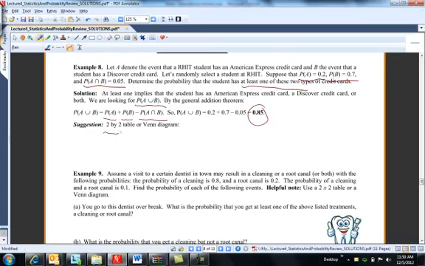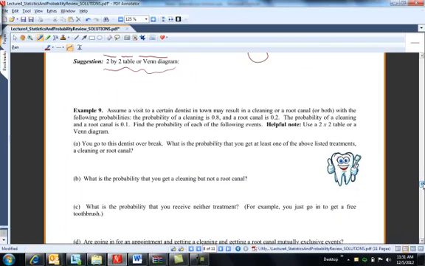A lot of times it's nice to draw a Venn diagram or a 2x2 table. I actually prefer a 2x2 table because with Venn diagrams, people sometimes label the circles wrong and then they can make mistakes. So maybe I'll draw one up here for this case. Assume a visit to a dentist results in a cleaning or a root canal or both. That could be a really bad day for you.